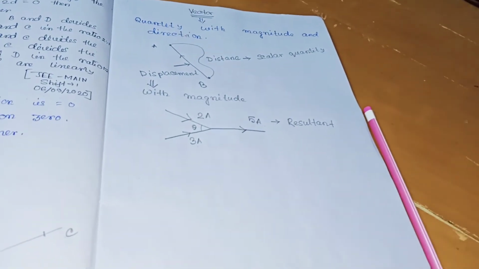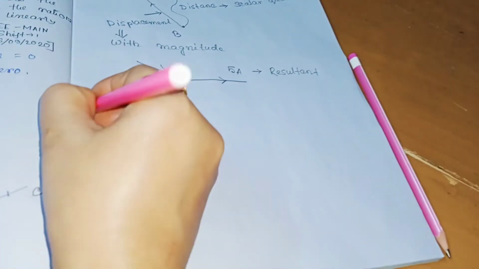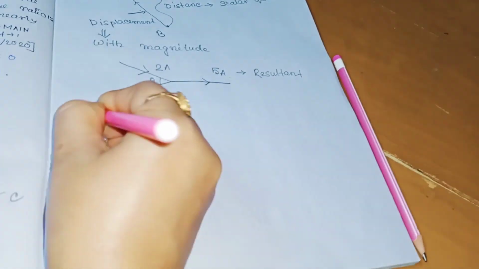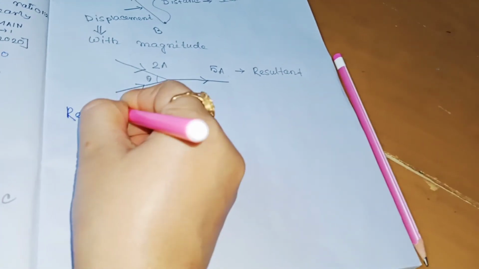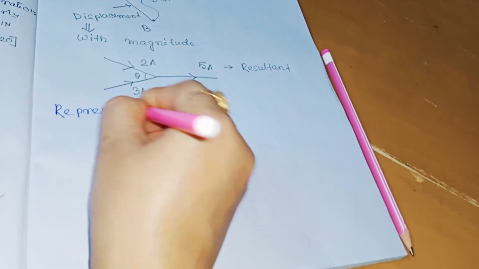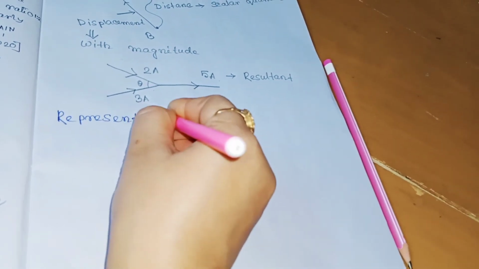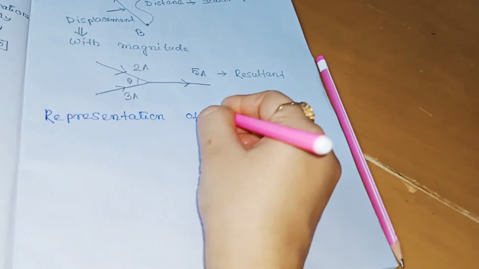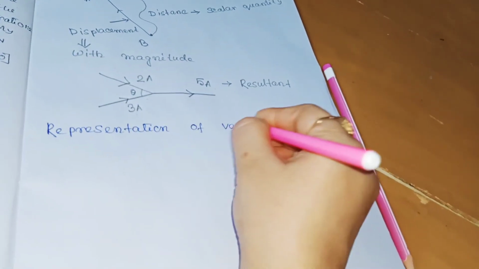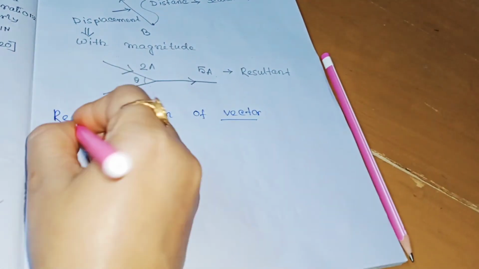So now, representation of a vector. How do we represent a vector?